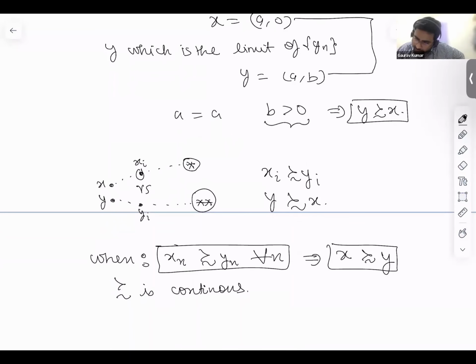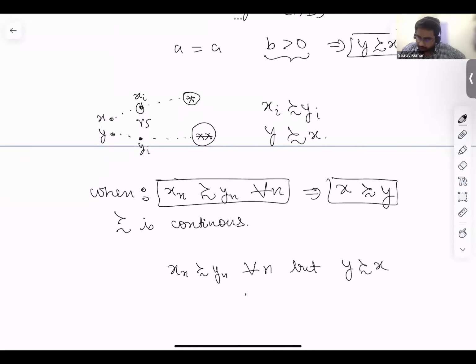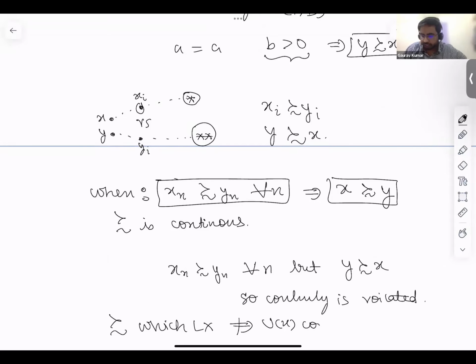But here what we see is x_n is preferred over y_n for every n, but y is preferred over x. So continuity is violated. And because continuity is violated, this preference relation, which is lexicographic, cannot be represented by a continuous utility function.